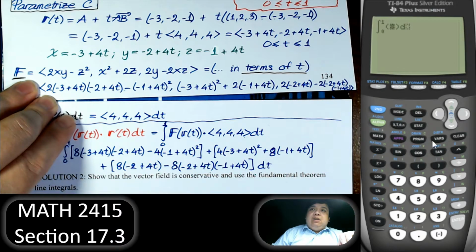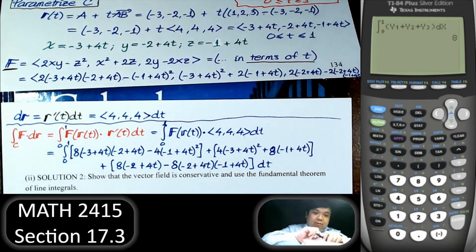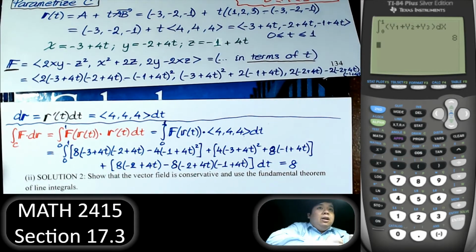I can hit variable y, function y1 plus, then variable y, function y2, then variable y, function y3. All that... 8.